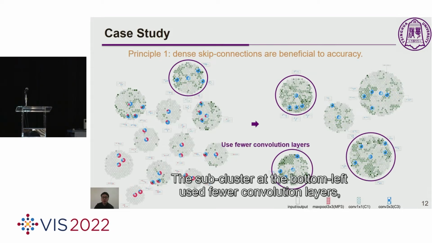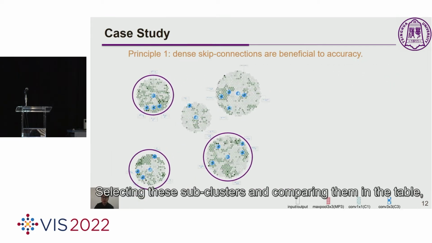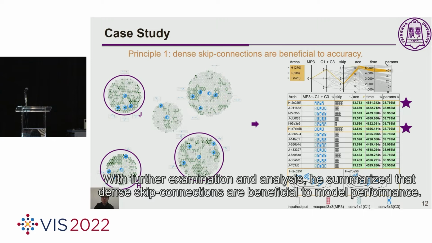The subcluster at the bottom left used fewer convolution layers, but contained a comparable number of well-performing architectures. Selecting these subclusters and comparing them in the table, he found that the architectures with fewer convolution layers had more skip connections. With further examination and analysis, he summarized that dense skip connections are beneficial to model performance.